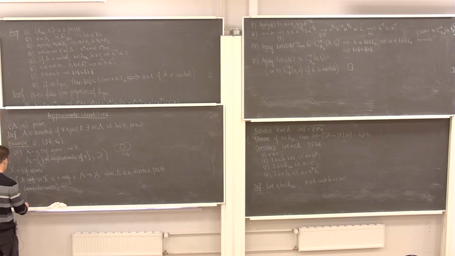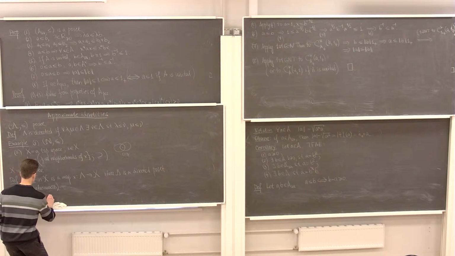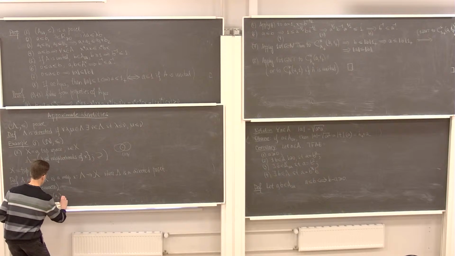When we work with nets, it's convenient to use the following notation, which reflects the fact that a net is a generalized sequence. So we think of a net as a family of elements indexed by the points of lambda.